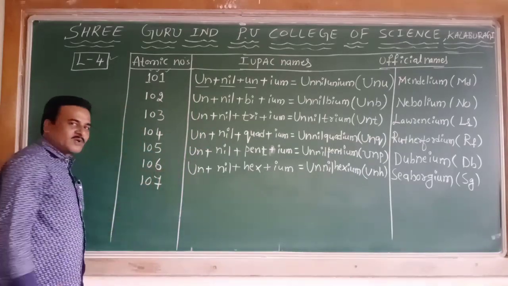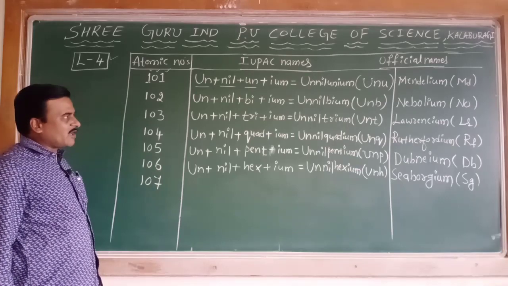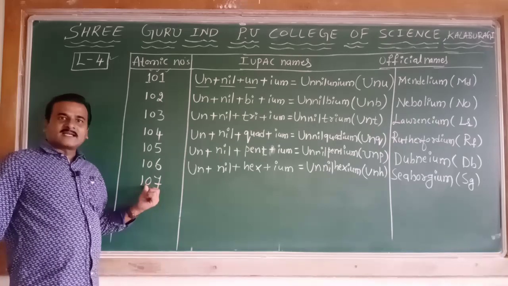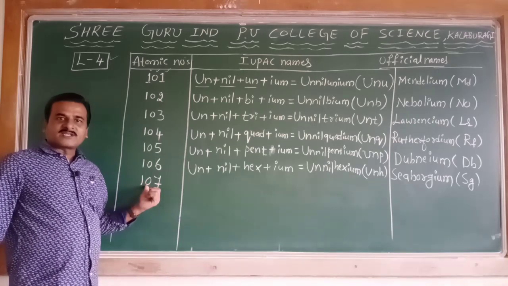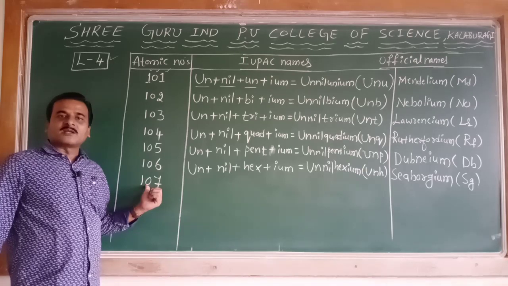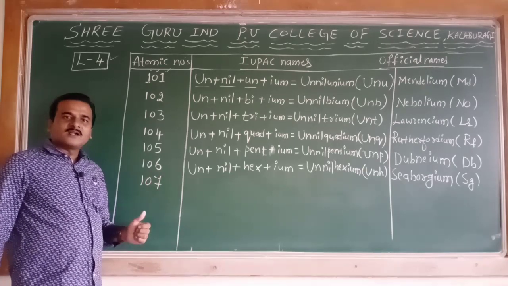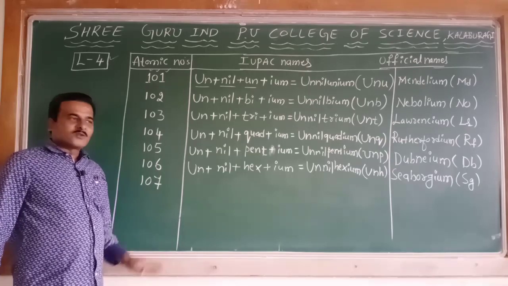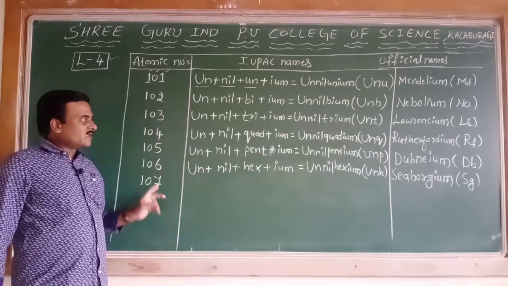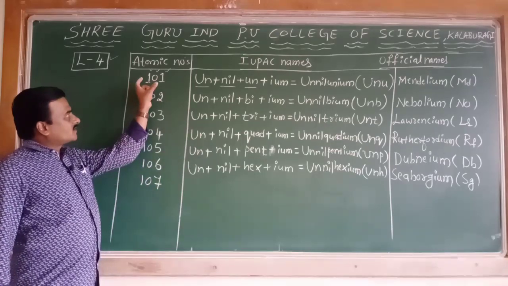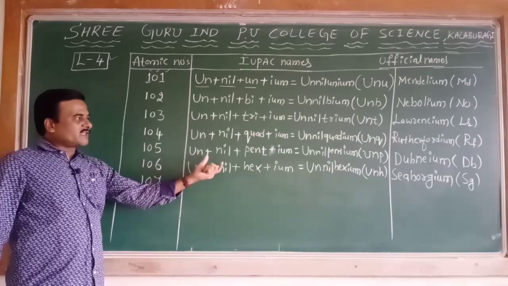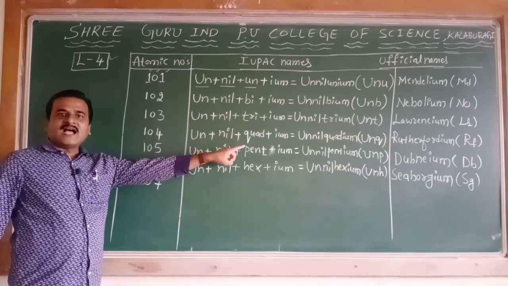Element with atomic number 107. How to write the IUPAC name? You will be asked a question in the examination to write the IUPAC name of an element with atomic number 107, 118, or 112. Any of the elements may be asked. Then remember the names of the Latin digits 0 to 9, put them in order and add the suffix ium.